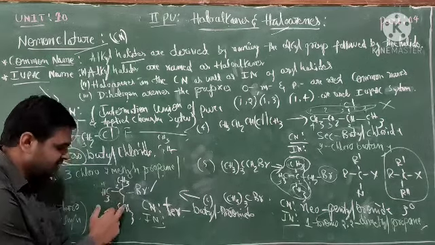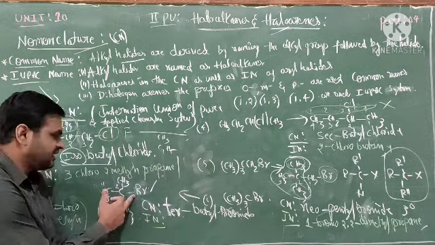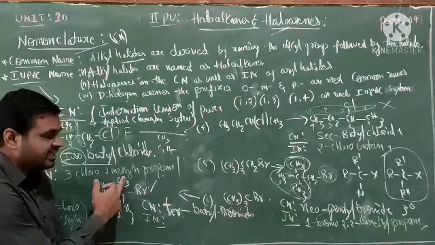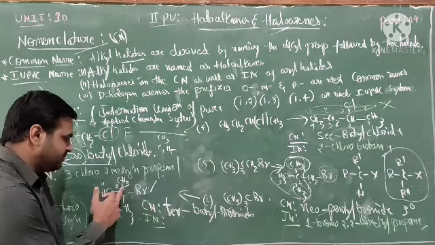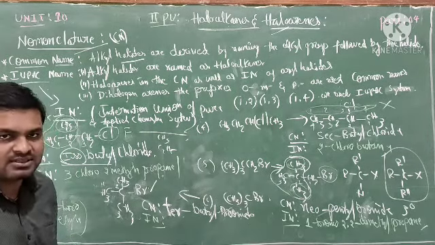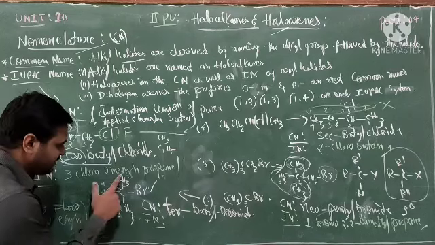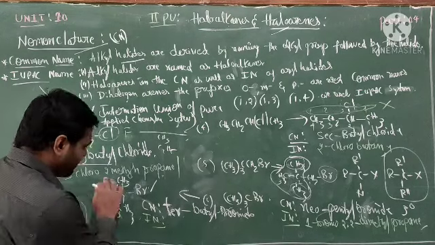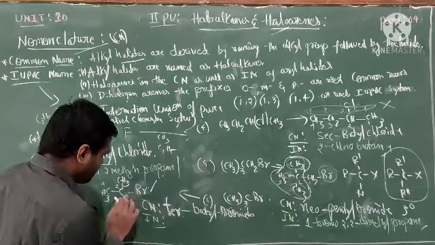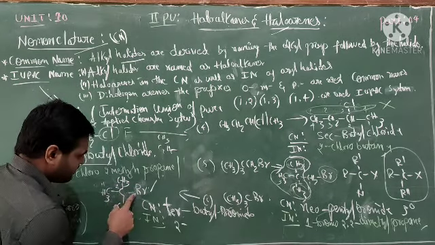There is no change; bromine is placed on the second carbon atom. So the longest chain is 3 carbons. So, 2-bromo.